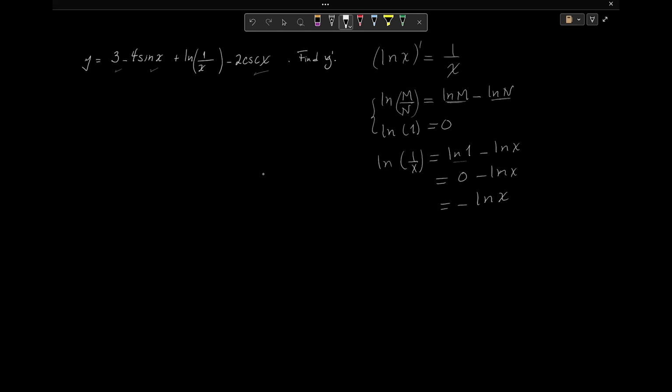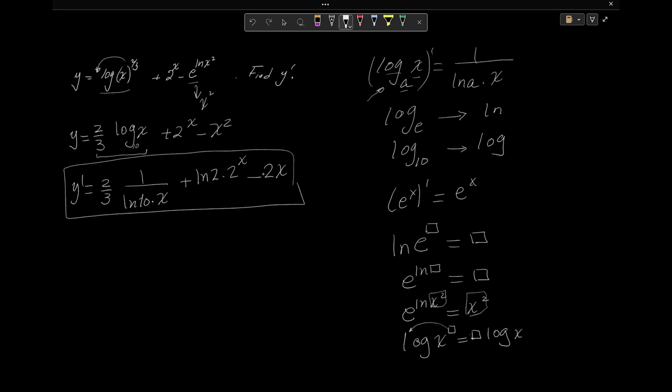Another way this could have been done: 1 over x is basically x to the negative 1. So ln of 1 over x equals ln of x to the negative 1. And what did we just talk about a second ago?